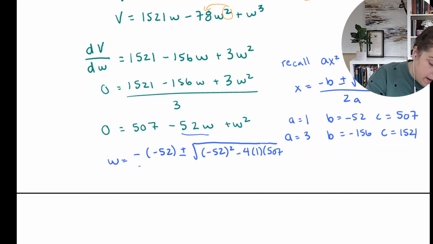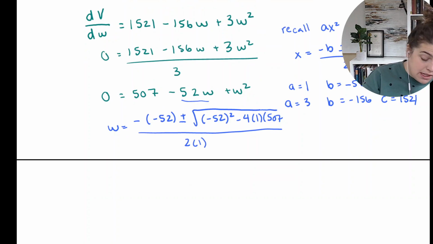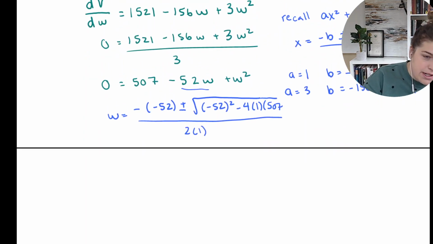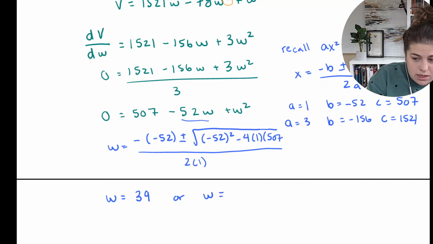All divided by 2 times a. And so in this case, that's just 2 times 1 there. Okay. And so this gives us two different numbers, right? Because you're going to do this once with the plus, once with the minus. So we either get that W is equal to 39 or W is equal to 13.